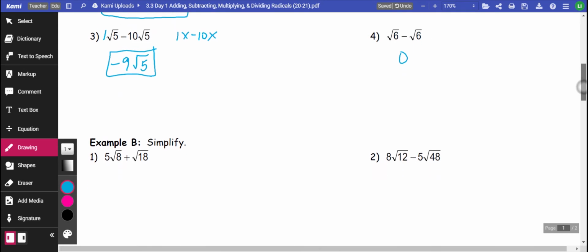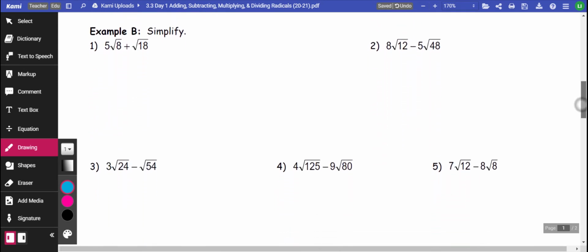All right. In example B, we're adding a little bit more to it. Not only are we adding or subtracting, but we also have to simplify. So in number 1, I have 5 root 8 plus the square root of 18. So I know that the square root of 8 simplifies. Okay, 8 is 4 times 2.